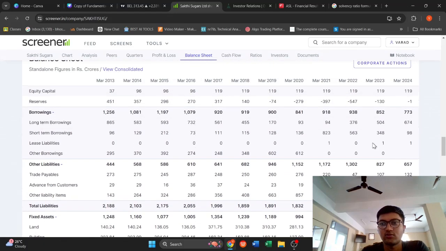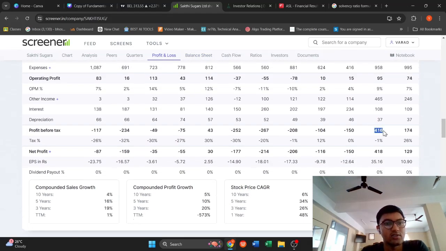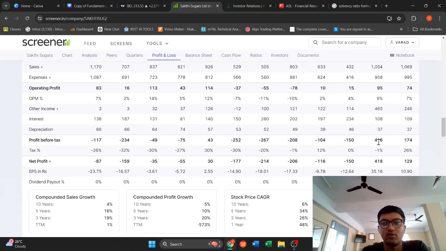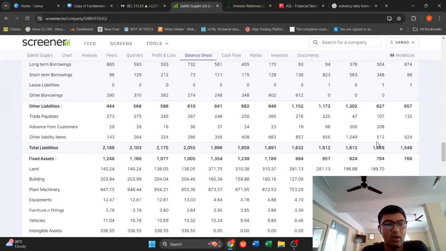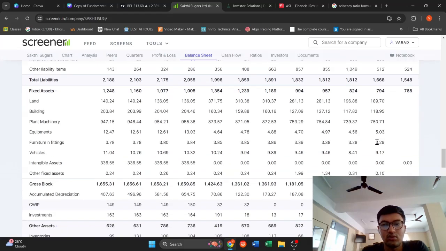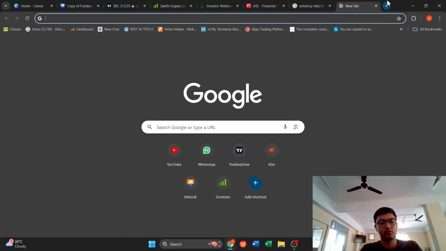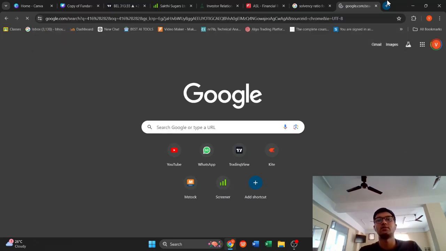Let's take the analysis of FY23, because the data for FY24 is yet to come. So I'll take the net income of that year: 416 crore rupees was the profit before tax for FY23. 416 crores plus the depreciation. The depreciation was 282. So 416 plus 282 will be 698 crores.